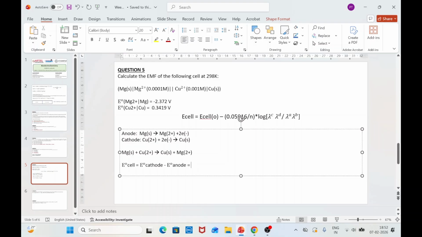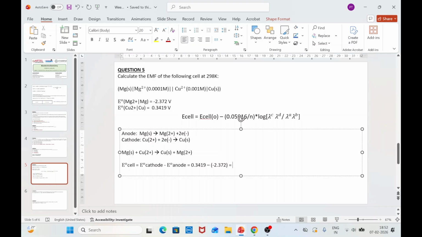Now we know the cathode is copper and that reduction potential value is 0.3419 minus that of the anode, which is magnesium. So here it is Mg2 plus to Mg, so the reduction potential of the anode is minus 2.372.